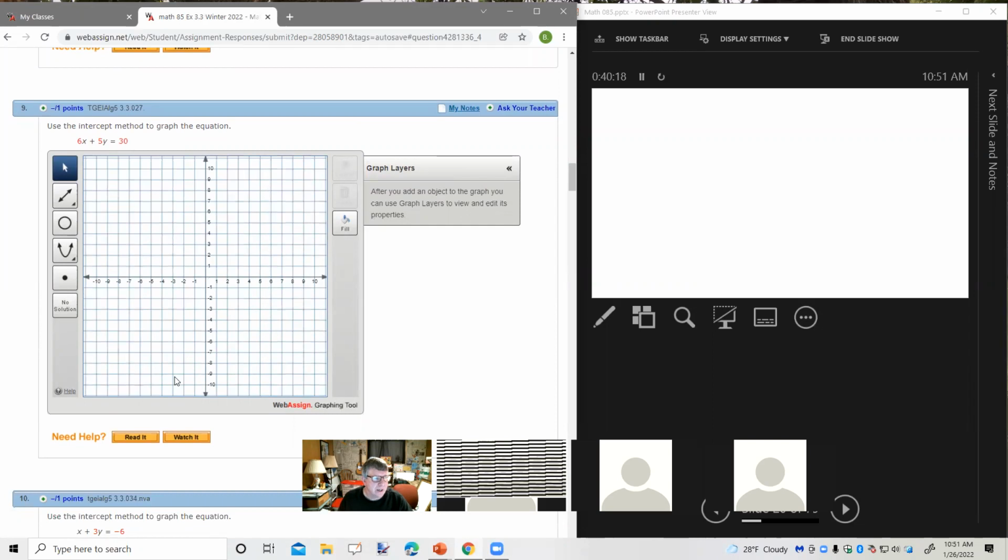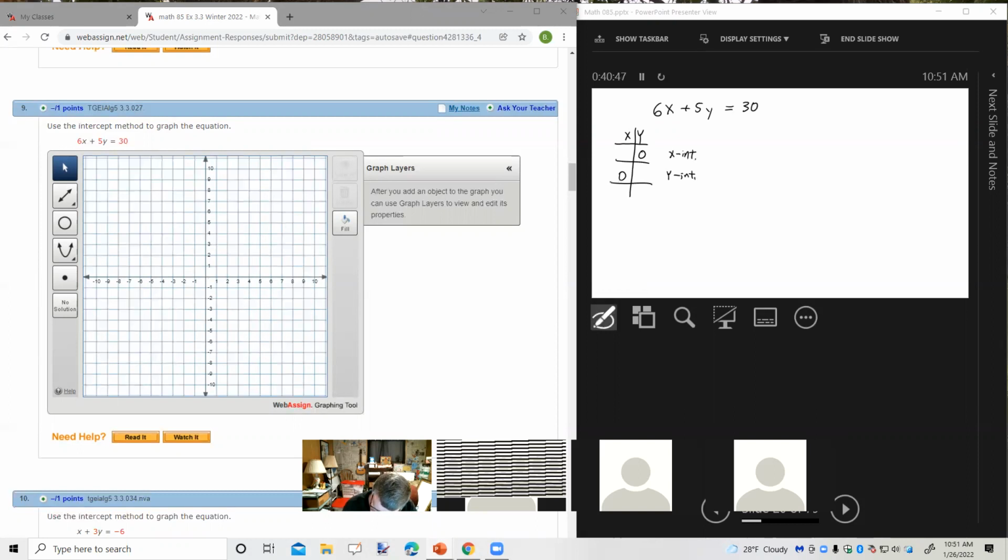It says use the intercept method to graph the equation. So we've got the equation 6x plus 5y equals 30. I'm going to complete a table by finding the x-intercept and the y-intercept.